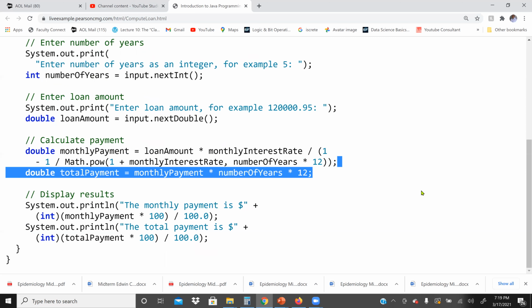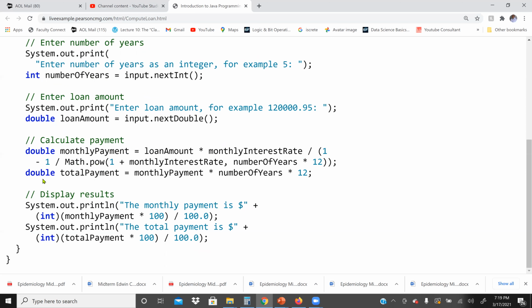Next thing we do is our process. We already know the formula, so we are converting the formula to Java. The monthly payment will be loan amount times monthly interest rate, divided by 1 minus 1 divided by Math.pow. Math.pow is used when we have a value raised to a power.